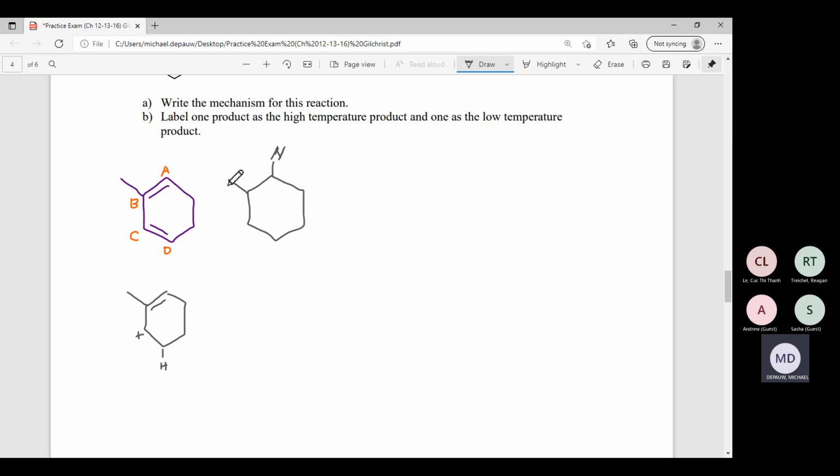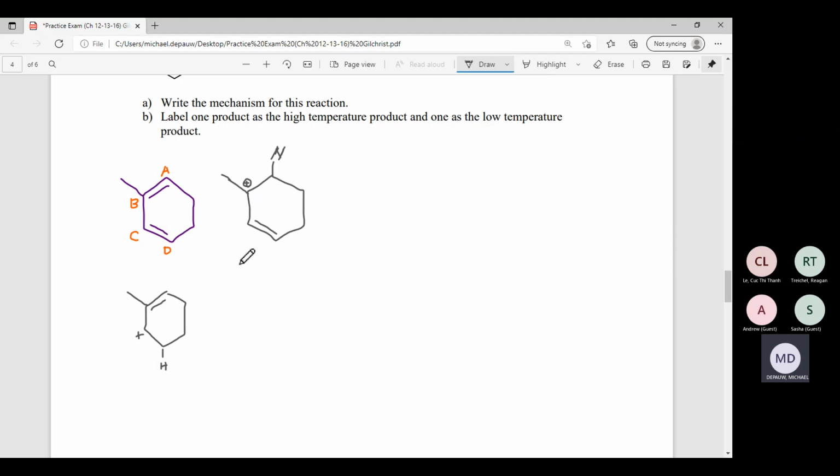If hydrogen adds on A, that means your carbocation is this one, a tertiary carbocation, which is the most stable carbocation you can have. Actually, an allylic tertiary is really the most stable you can have, because an allylic carbocation adds an extra level of stability.